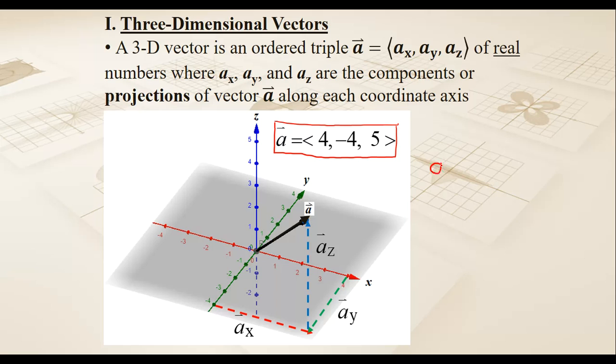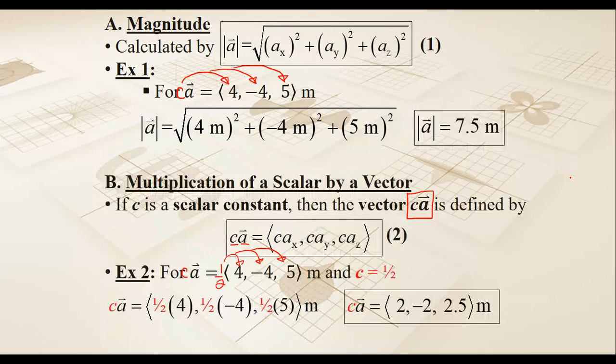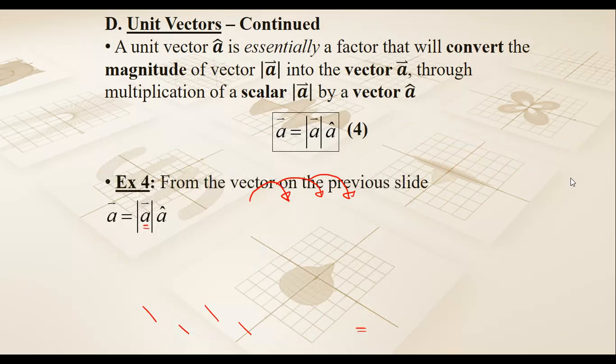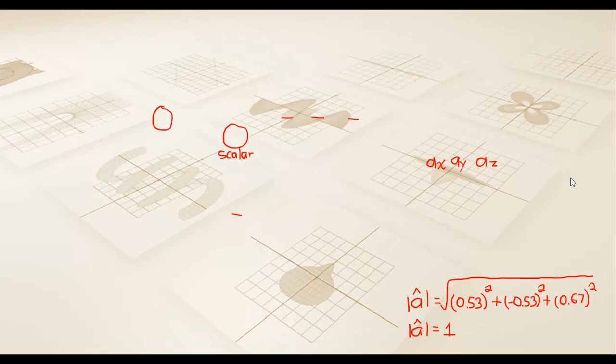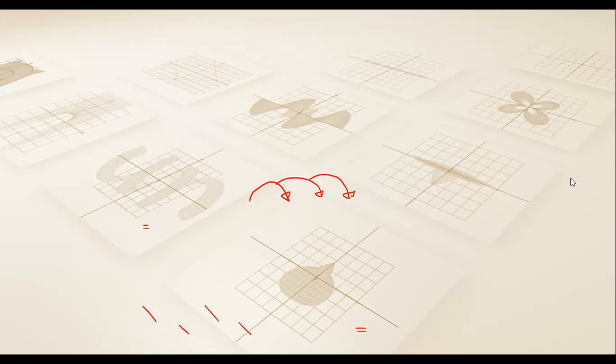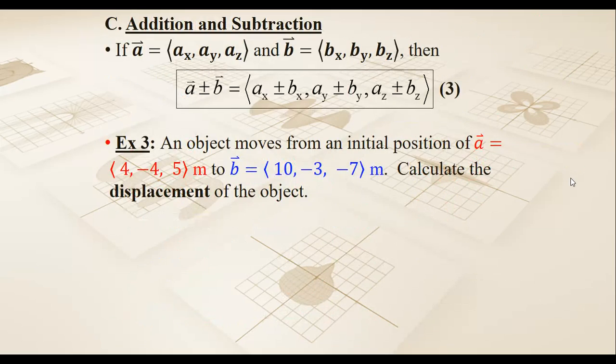Now my unit vector, I think it was 0.53, negative 0.53, and 0.67. I just want to double check that. Okay, let's just see. Is that the unit vector we got? Yeah, 0.53, negative 0.53, 0.67.